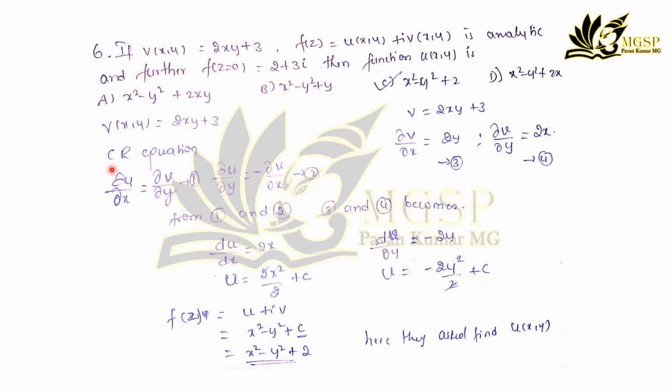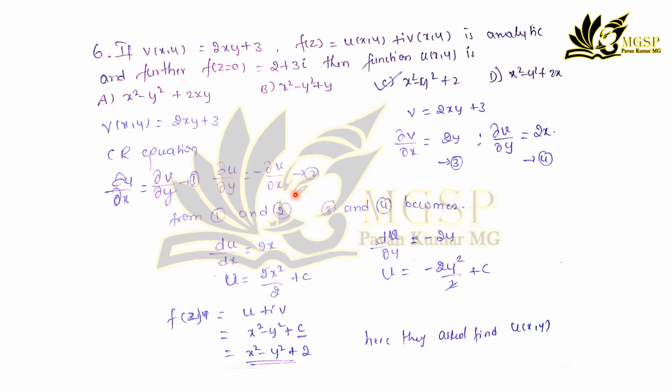We know that the Cauchy-Riemann equations are dou u by dou x is equal to dou v by dou y, which I am considering as equation 1, and dou u by dou y is equal to minus dou v by dou x, as equation 2. So just do the differentiation partially with respect to x and partially with respect to y. We end up with 2y and 2x. So from 1 and 2, we can replace dou v by dou x with minus dou u by dou y, and dou v by dou y with dou u by dou x.